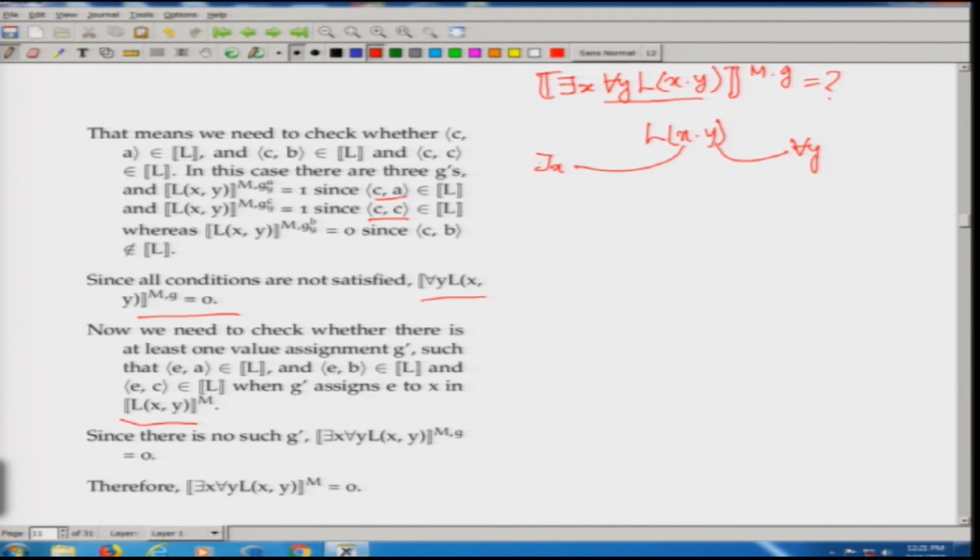That is, x is bound by sum x and y is bound by all y. What does it mean? It means that both will vary, but they will vary in different ways.